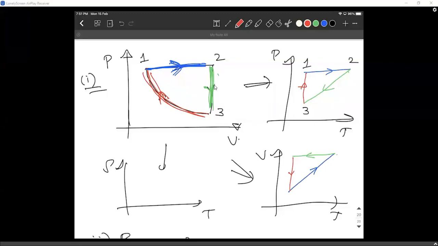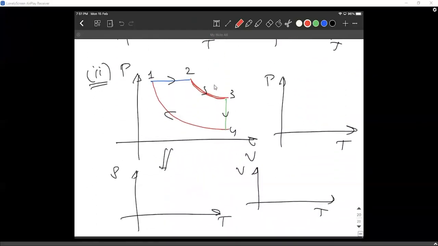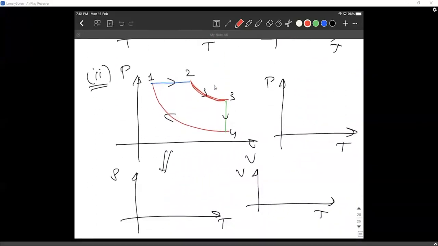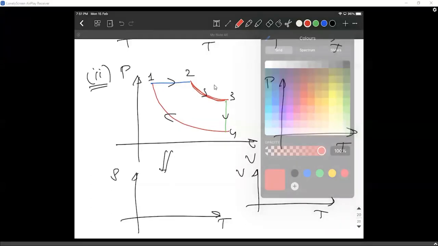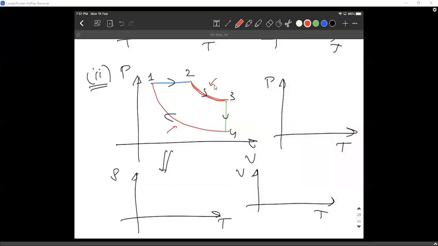If you have VT, you can convert it into rho-T because 1 by volume, like mass by volume, is basically density. So you can easily convert that into rho-T. This was an interesting graph yesterday for us, right? So let's look at how we can convert this. First of all, we have two isotherms, so there must be two constant temperature lines.